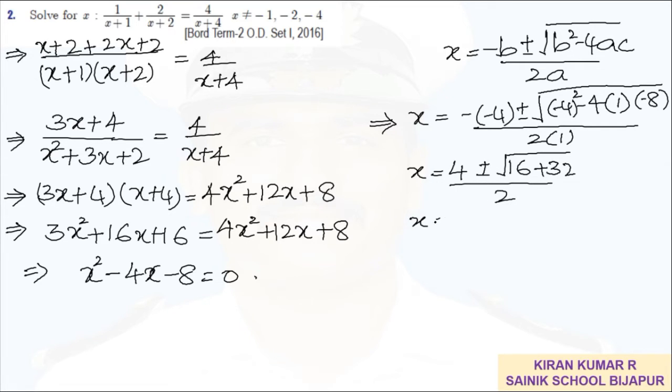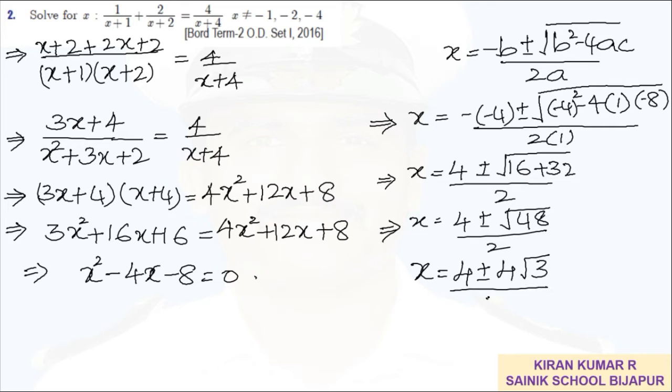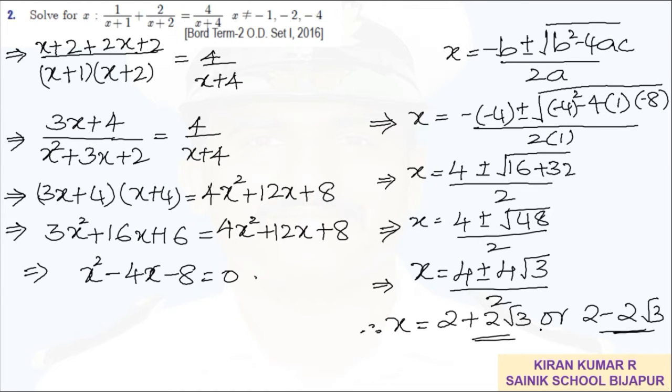It is nothing but 4 plus or minus root of 48 divided by 2. 48 can be written as 16 times 3, so that x becomes 4 plus or minus 4 root 3 divided by 2. From this, I can conclude the value of x as 2 plus 2 root 3 or 2 minus 2 root 3. These are the roots.